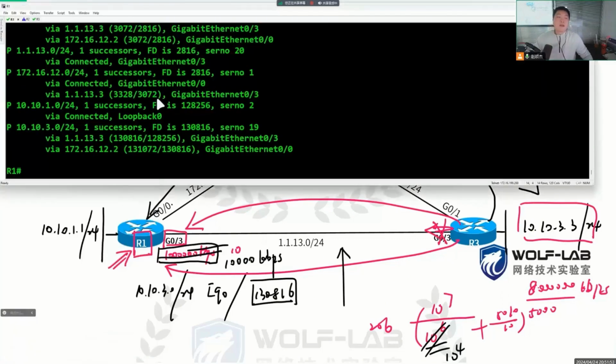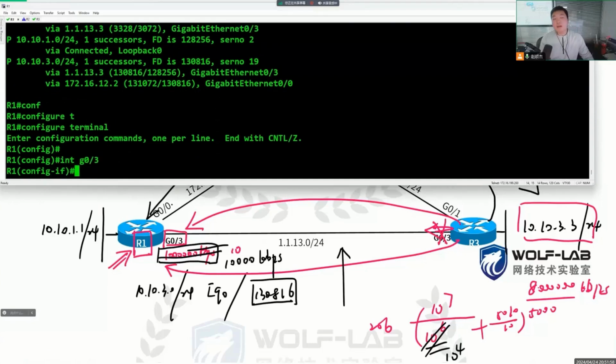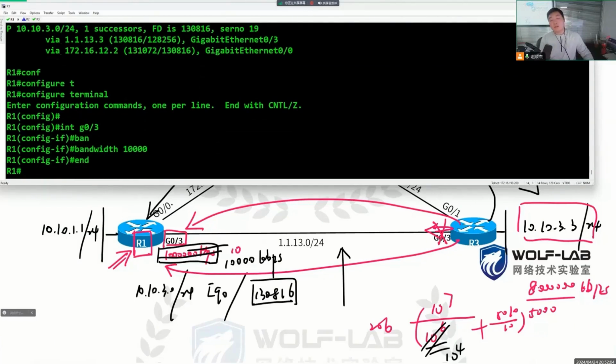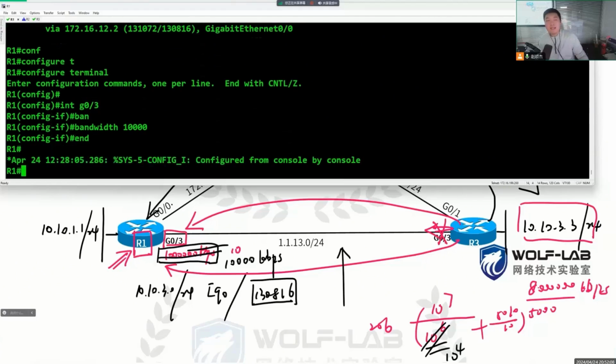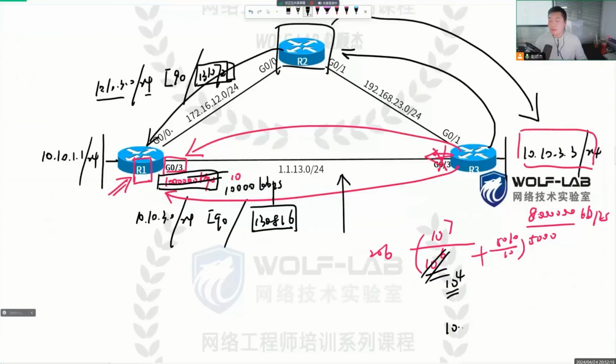However, we do not recommend changing all our interface bandwidths. You can indeed adjust our EIGRP metric values by changing the bandwidth. Now our metric value is 10 to the power of 7 divided by 10 to the power of 4, that is 1,000, plus 501, in brackets, times 256.